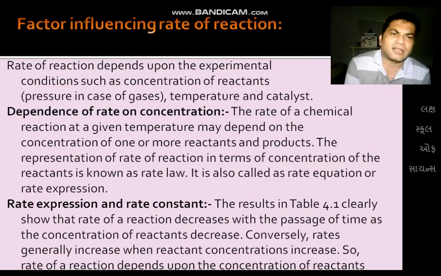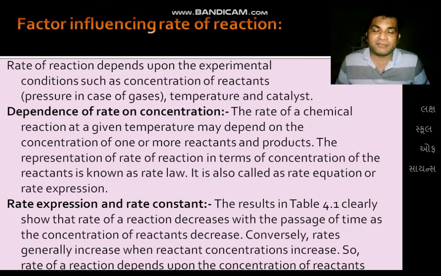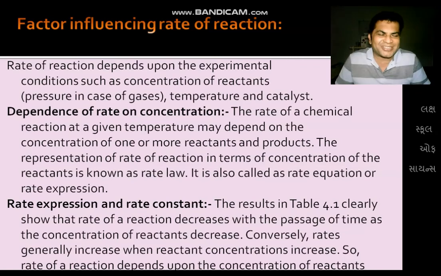Now our topic is the most interesting one: dependence of rate on concentration. Then after we will talk about temperature, and then catalyst, and like this the lesson will be closed.